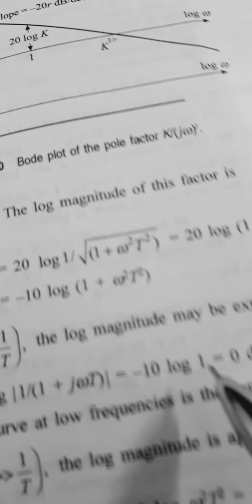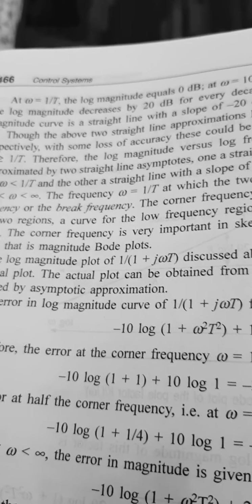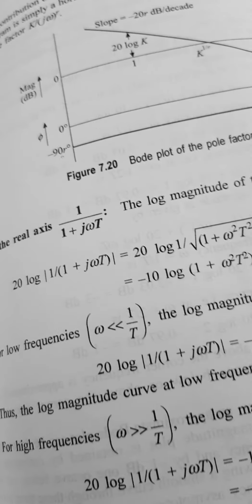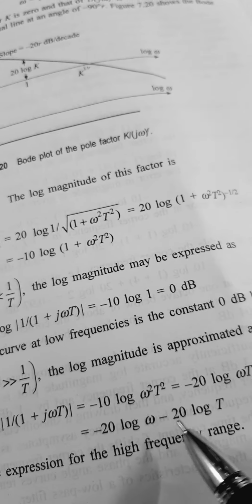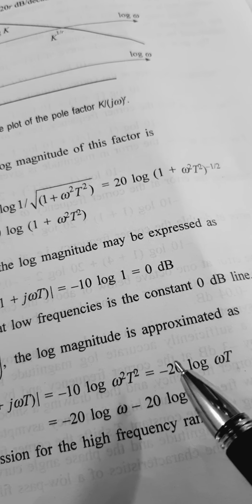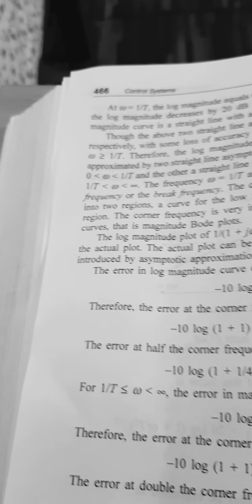And at high frequency, you are getting minus 40 log omega by omega n, so for error calculation you should add plus 40 log omega by omega n to your actual expression. So your actual expression is this.